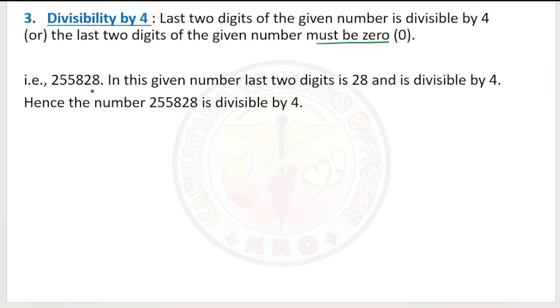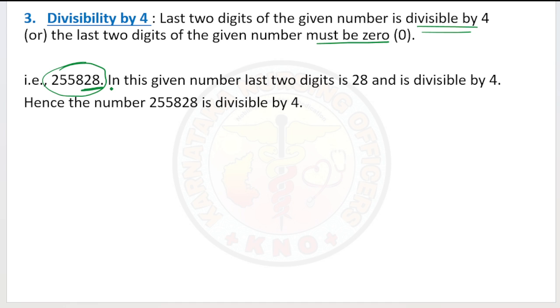What we have to look for is only the last two digits. Here 28 is the last two digits of this number. We have to check whether these two digits are divisible by 4 or not, instead of checking the whole number. So consider only the last two digits of the number, that is 28.